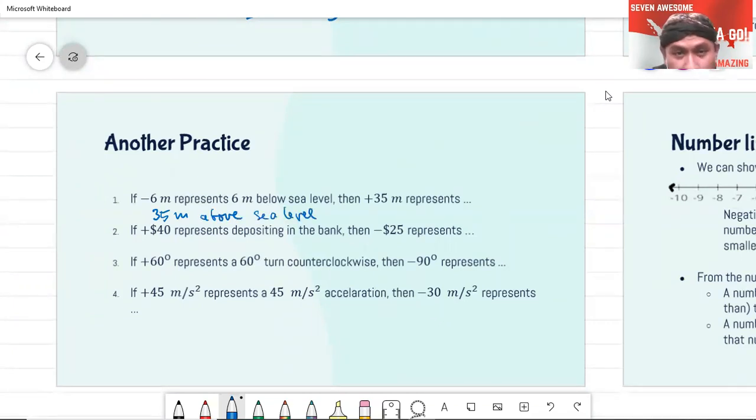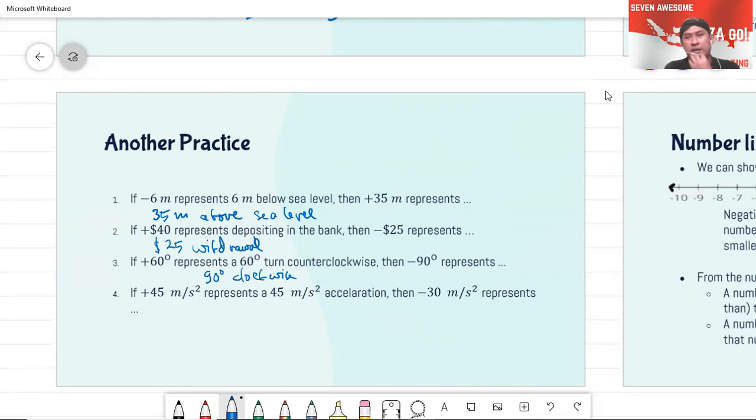If $40 represents depositing in the bank, then negative $25 represents a $25 withdrawal. It means you take the money. If 60 degrees represents a 60 degree turn counterclockwise, then negative 90 degrees represents a 90 degree turn clockwise.